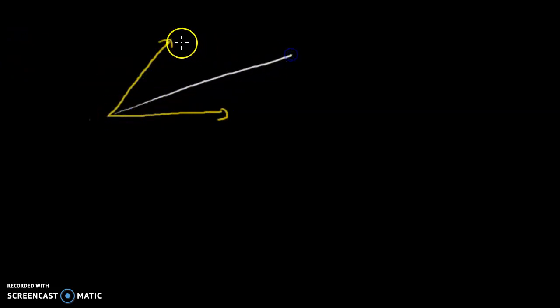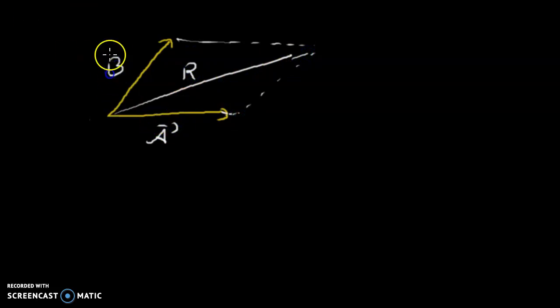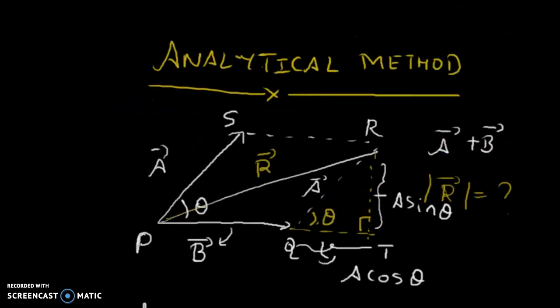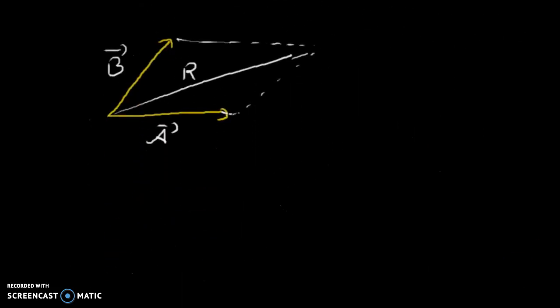Make it a parallelogram, so this is R, this is A, this is B. I think it was the other way around, that doesn't matter. These are just variables, don't worry about it. Take this as B and this as A, don't cram it. Just try to understand.